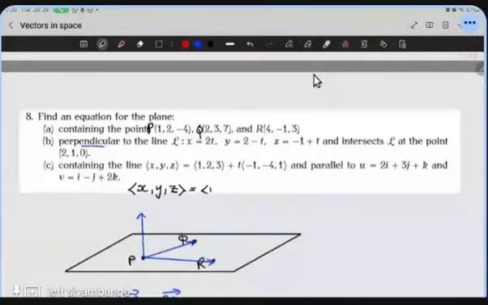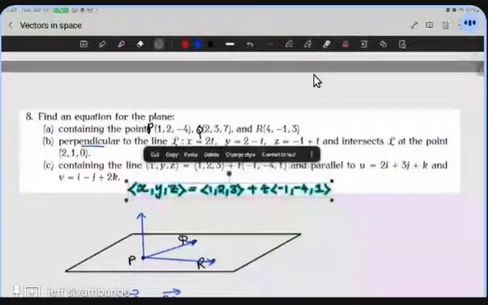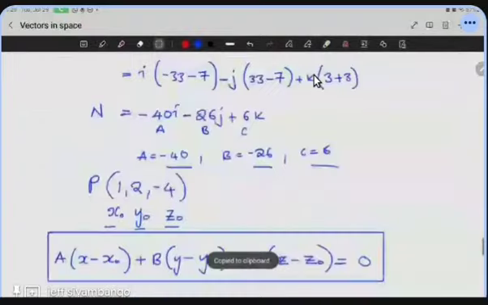So they've given us a line in vector form. So from the top of your head, what do you think this line will help us with? Remember, to describe a plane, we need a point on the plane and a vector perpendicular to the plane.